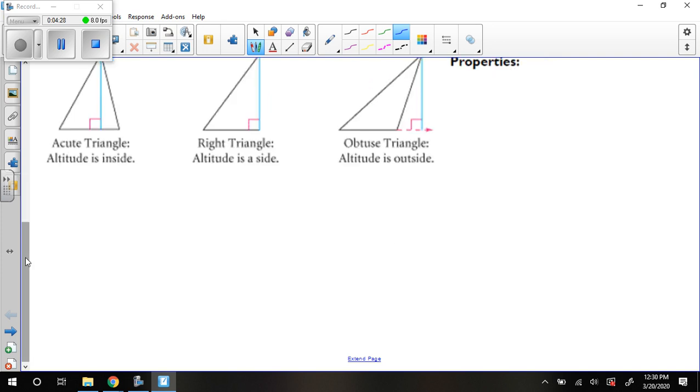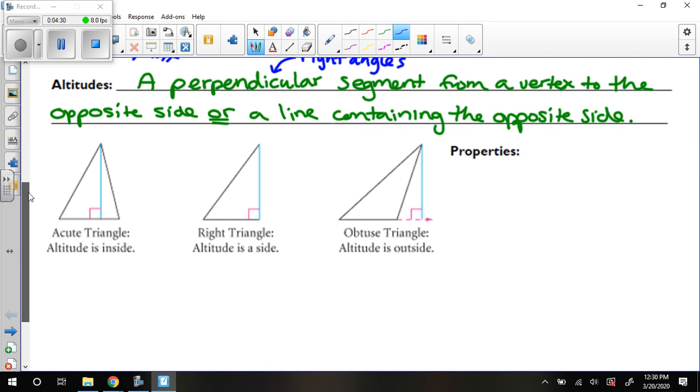Okay, if you look at your pictures here, we've got three different looks for this altitude here. Okay, the first one is in an acute triangle. The altitude is inside. Okay, so we go from a vertex and we hit the opposite side at a right angle.